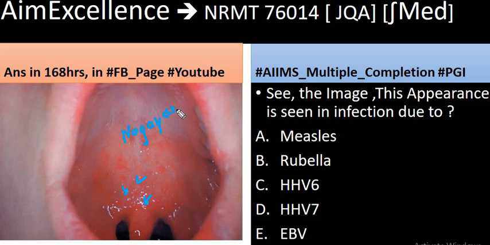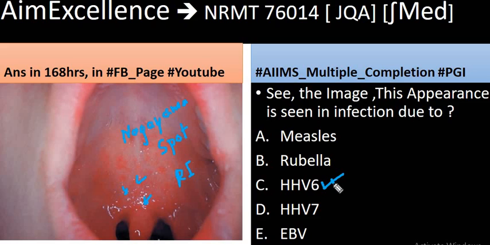So in which condition is this seen? This is seen in roseola infantum. So the causative organisms are the herpes virus group, and HHV6 chiefly.